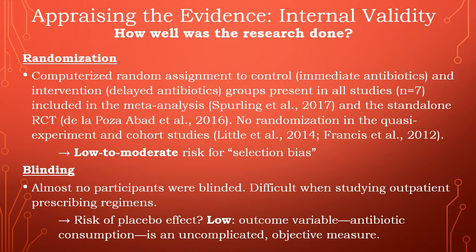In this case, because we were evaluating the outcome variable of antibiotic consumption, which is a relatively uncomplicated, unbiased, objective measure, it's unlikely that a lot of bias was introduced into these studies by a lack of participant blinding.